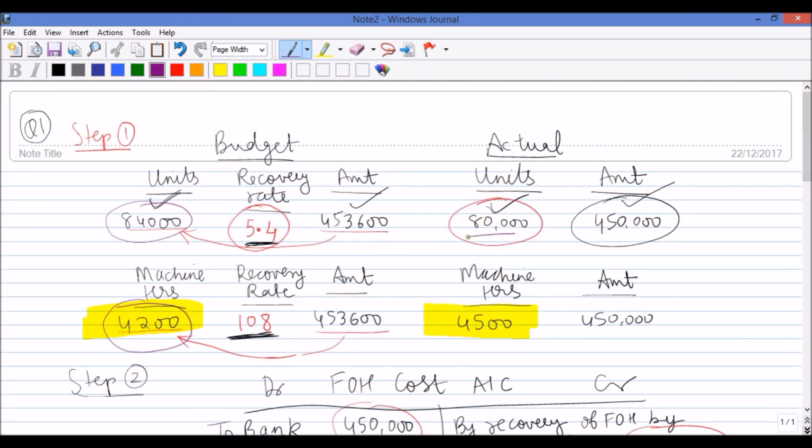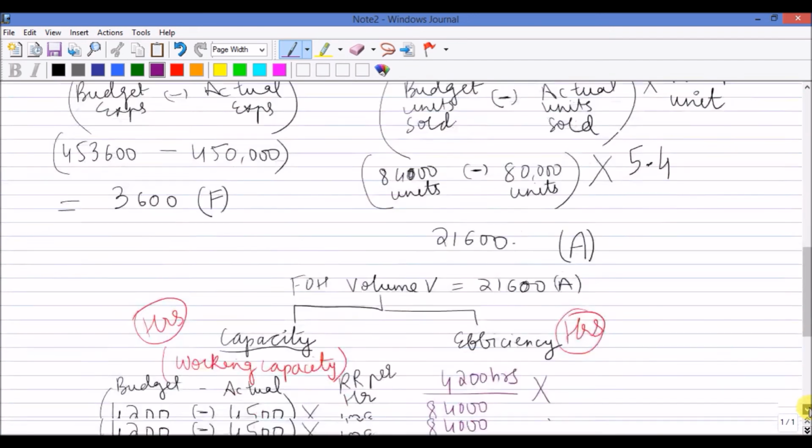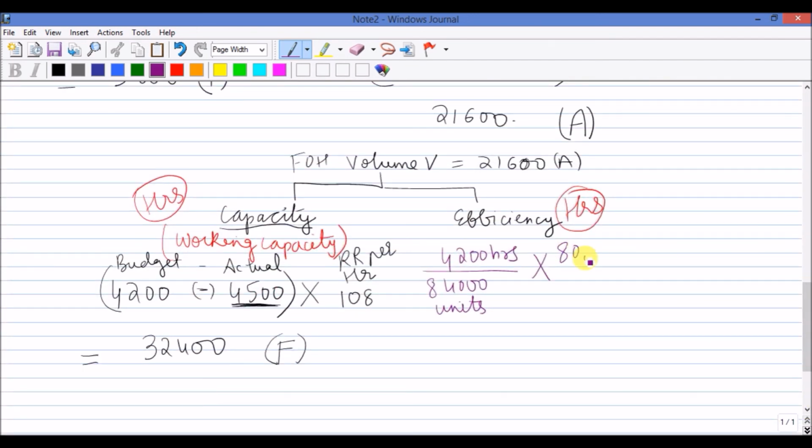In real, friends, I'm making 80,000 units. This is going to give me the budget for the actual output. Remember this. So I'm getting the answer for 200 into 80,000 divide by 84,000. So I'm going to get 4,000 hours. Very simple.